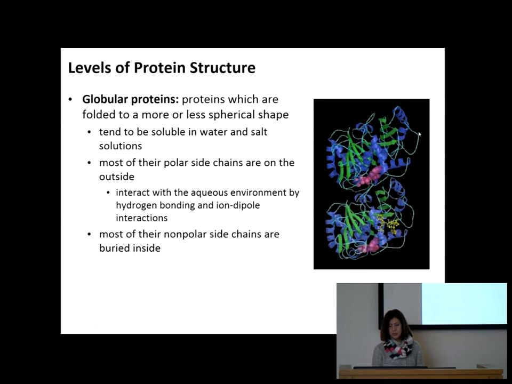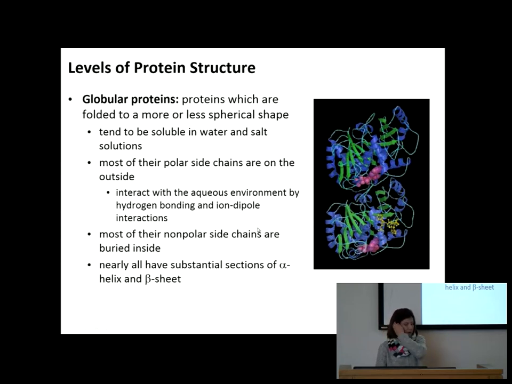But I do want to point out that you do have portions of your protein that aren't involved in beta sheets or alpha helixes. Most proteins do have some, but it's not the whole story.